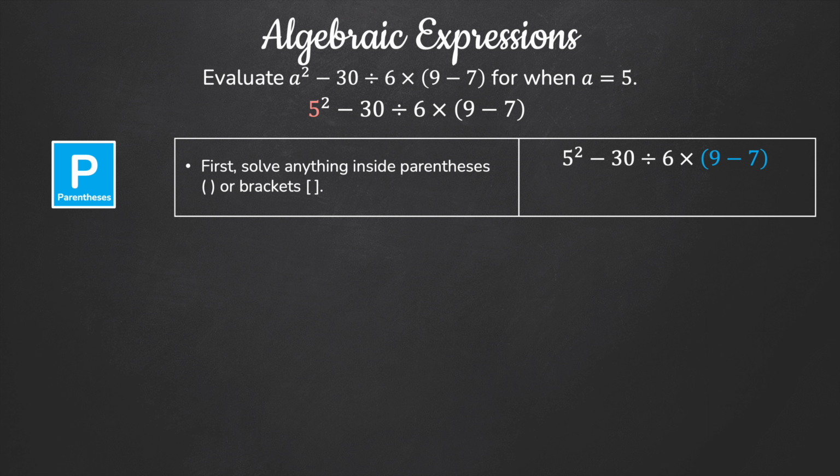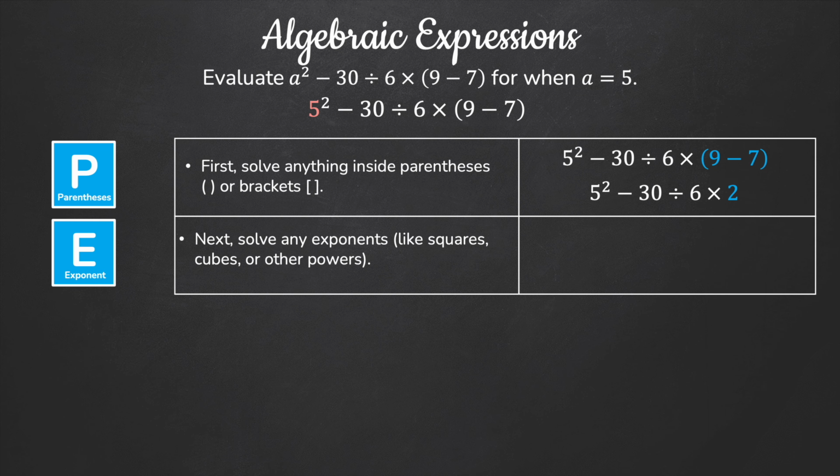Here in blue, you'll see I've identified what we have in parentheses, and inside of our parentheses, we have 9 minus 7. So we're going to go ahead and evaluate that first, and 9 minus 7 is equal to 2. So we're going to rewrite everything exactly the same, except we're going to substitute 9 minus 7 for 2.